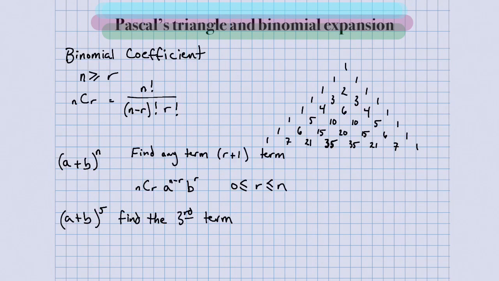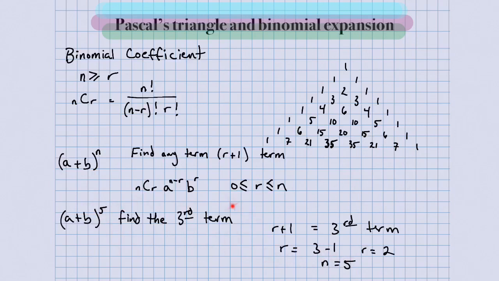So we know that r plus 1 is the term, which is going to be the third term. So r equals 3 minus 1, or r equals 2. And we know that n equals 5. We got that n equals 5 from the exponent.